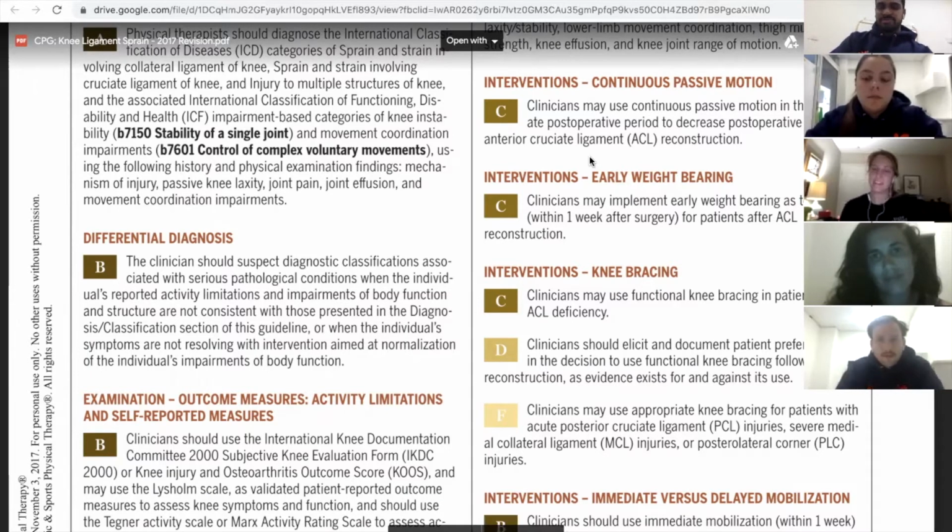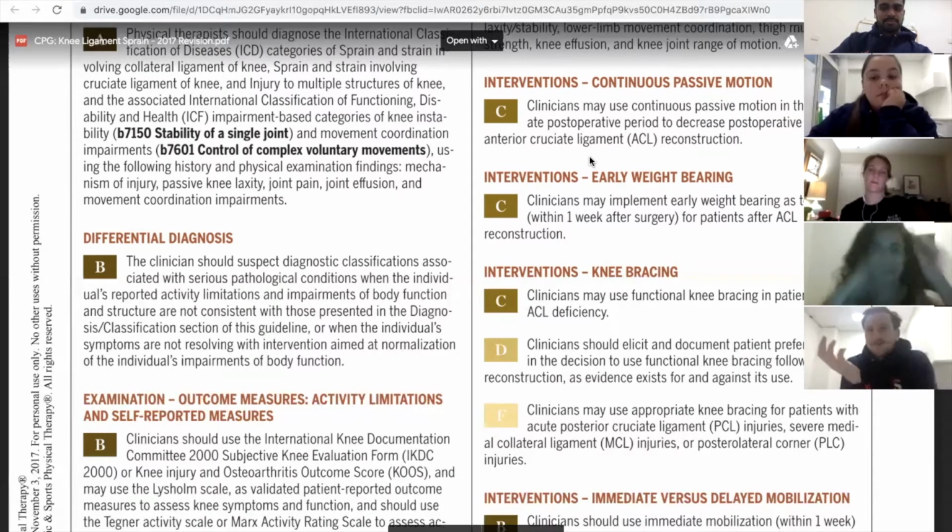I guess with the length of time of an ACL rehab post-op, nine to twelve months, in my limited experience I can't see how getting off crutches a day or two earlier in a seven-day period is going to make too much of a difference.